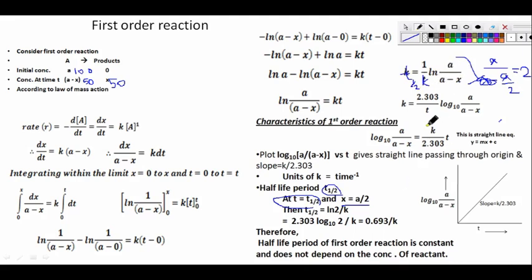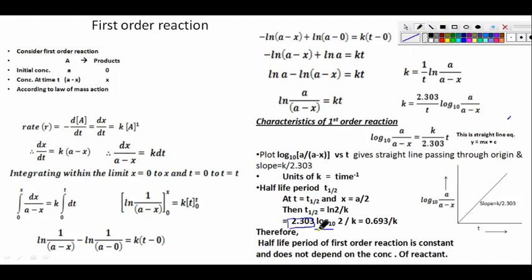Now ln 2 is log to the base e of 2 upon k. Convert this into log to the base 10: we have to multiply it by 2.303.